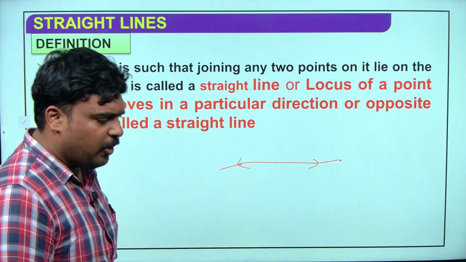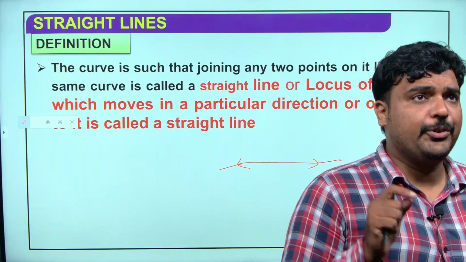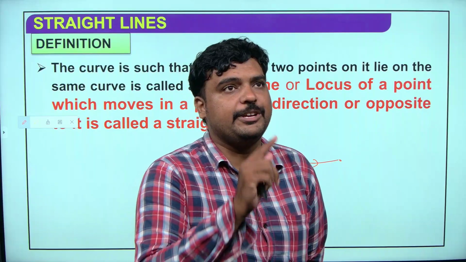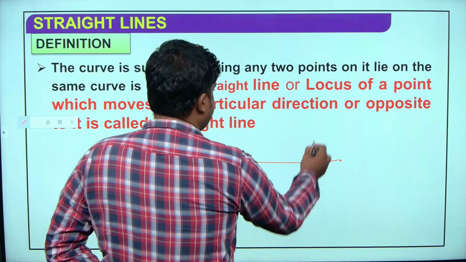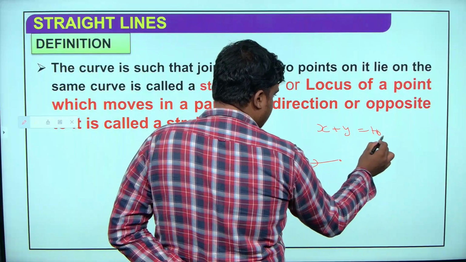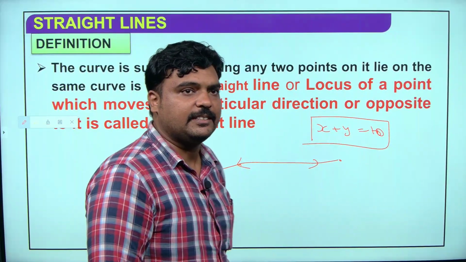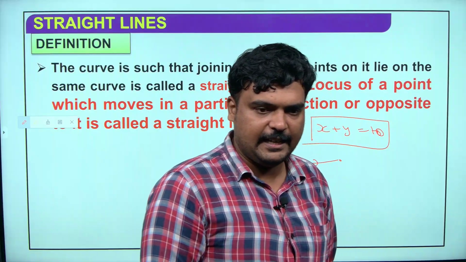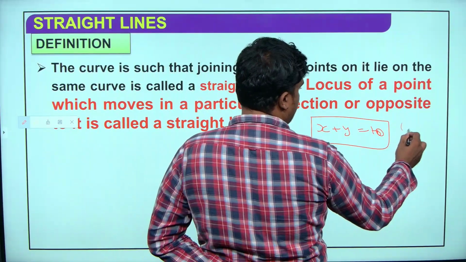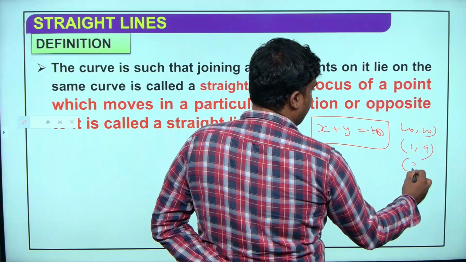If I cut this line into small pieces, we call it a line segment. Now, up to now, you know that a linear equation with 2 variables will give you a line. If I write x plus y equal to 10, and mark the points which satisfy this equation, that will definitely be a line. What are the points it satisfies? 0, 10; 1, 9; 2, 8.